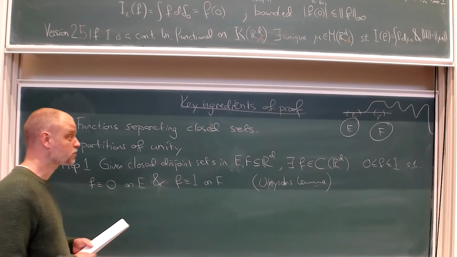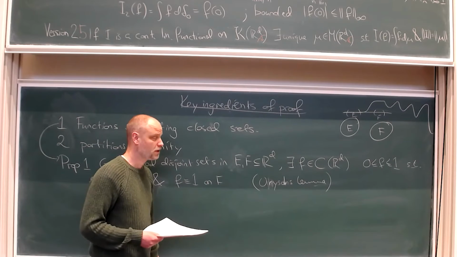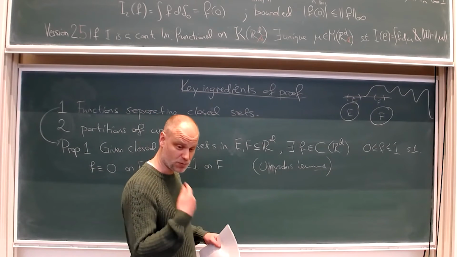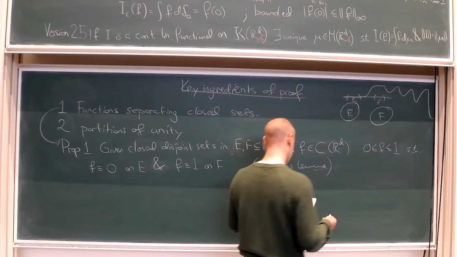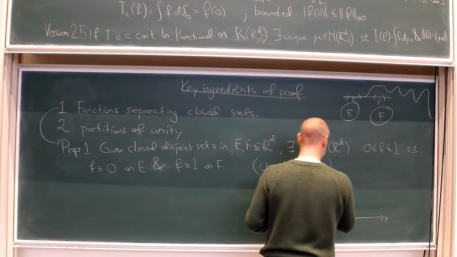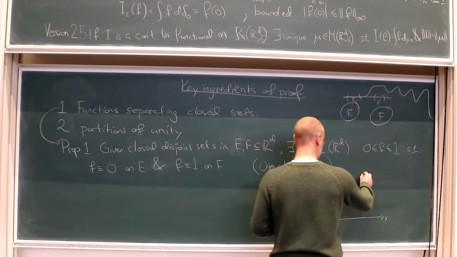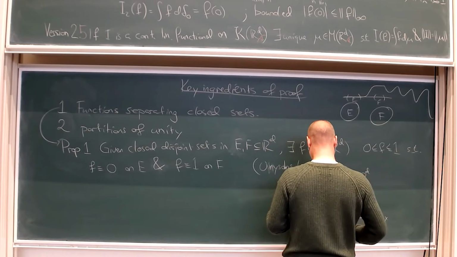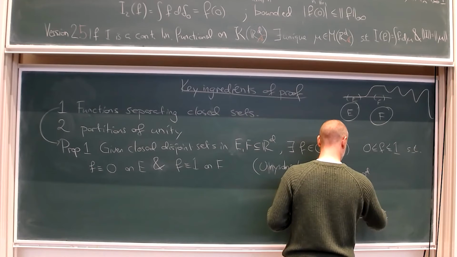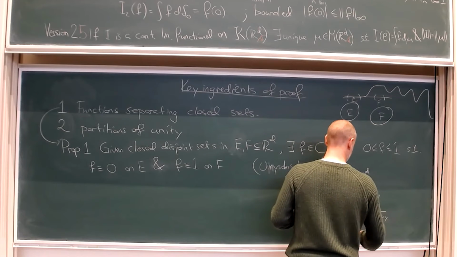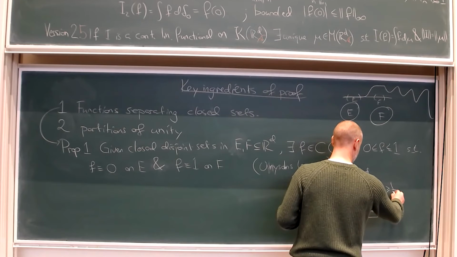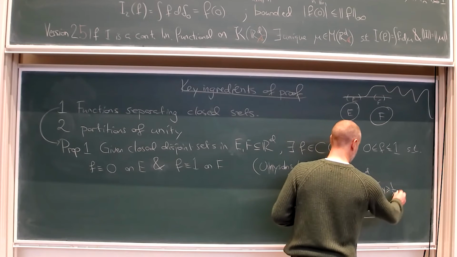All right, so how can we construct such a function in the RD setting? I'll just do an example, and actually the example will guide us to the proof. So here's the x-axis, here's the y-axis, we are working in R2. My E is going to be all the points y bigger than or equal to 1 over x, right?